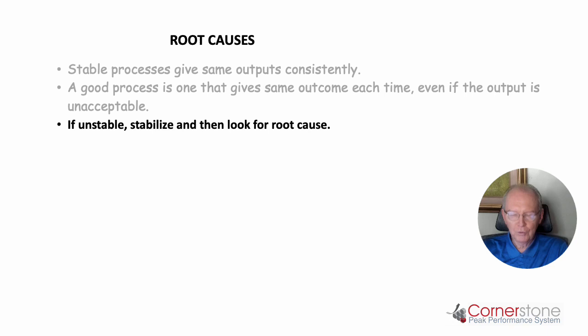So what you do is you simply create a process and demand that everybody follows it exactly as you've designed it, even if they're uncomfortable with what they're doing. Because what you want to do is just get one process giving you an output that's the same every time. And then you can start looking for the root cause. So if you have an unstable process, you firstly need to stabilize it and then measure the results, and then you can start looking for the root cause.